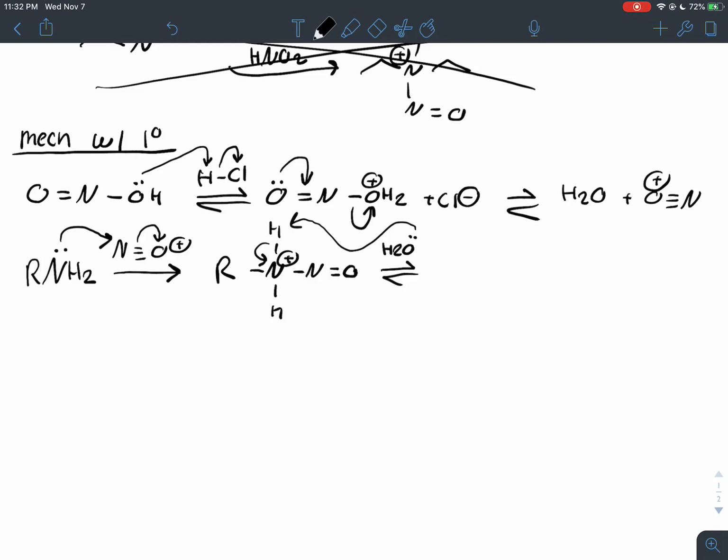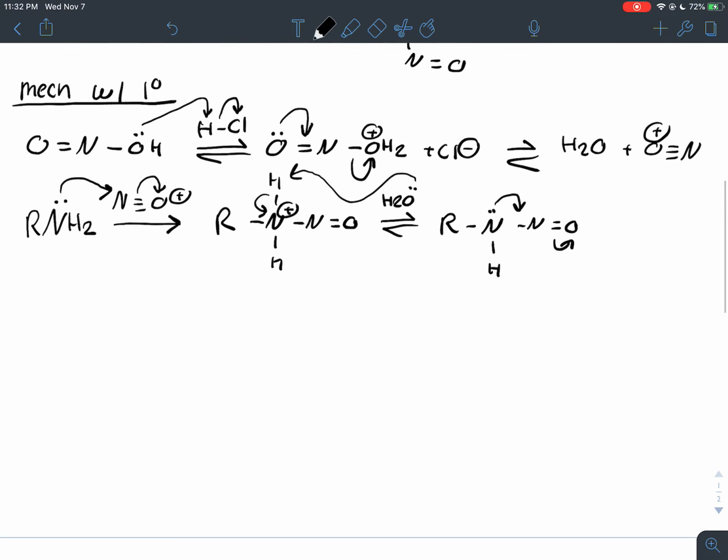We're going to have a series of proton transfers. Here, draw resonance. That nitrogen is actually supporting that oxygen and making it more basic.